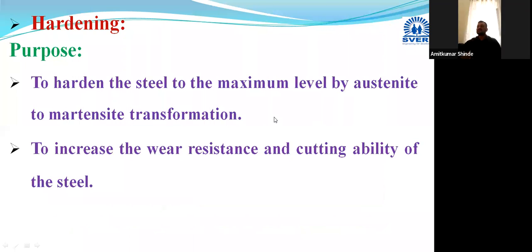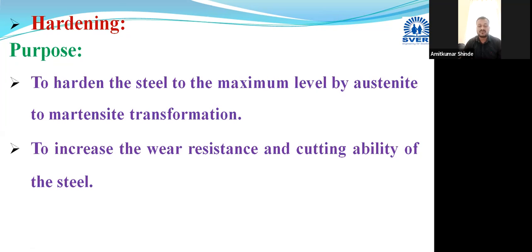Now in today's session, we are going to discuss the next heat treatment processes. In that, the hardening heat treatment process along with its different types, then tempering along with its different types.